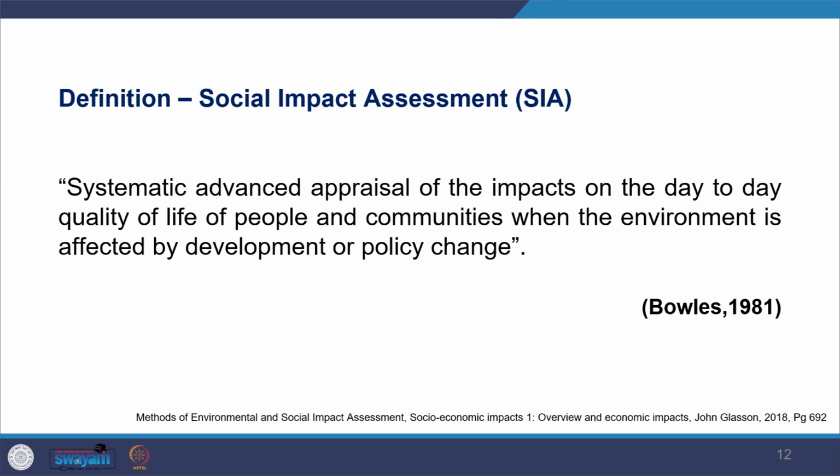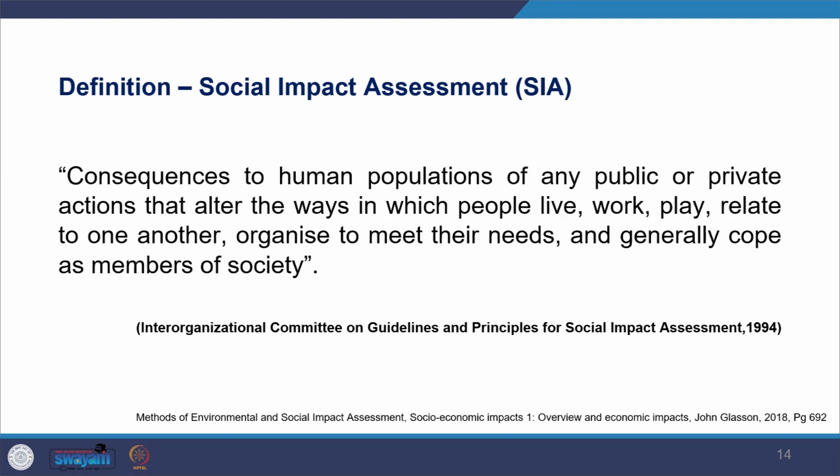Likewise, we see another definition by the Inter-Organizational Committee, Guidelines and Principles for Social Impact Assessment. It talks about what kind of consequences will happen to the human population from any public or private actions that alter the ways in which people live, work, play, again addressing the day-to-day aspects of life, and how they meet their needs and generally cope as a member of society.